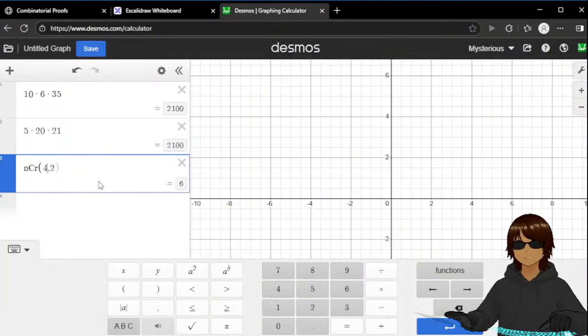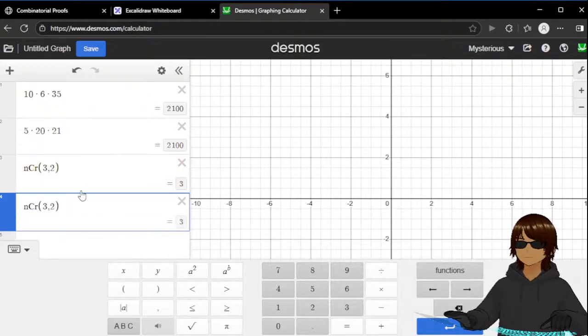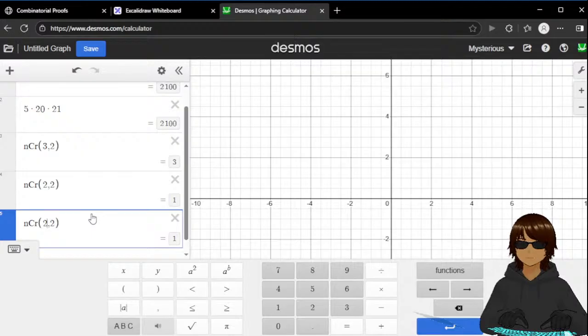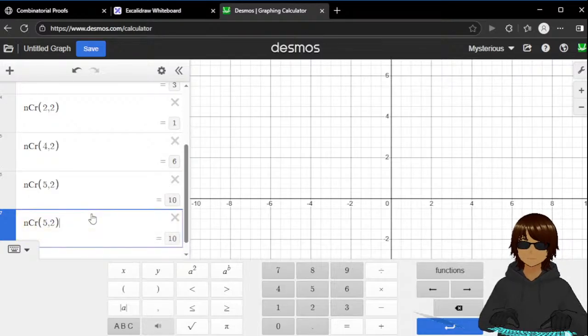So that's 3 choose 2, which is 3, then 2 choose 2, which is 1. It's not clear what they're asking.